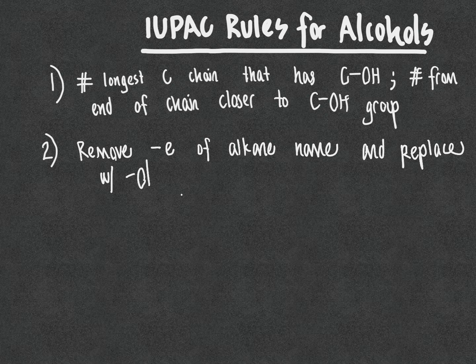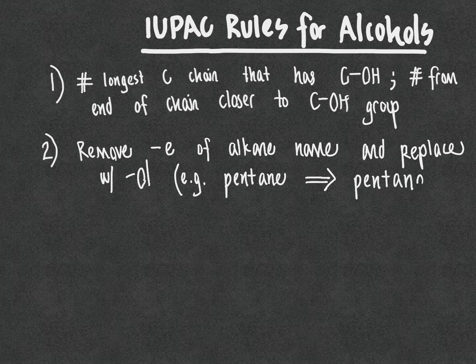For example, if we had a 5-carbon alkane, it would be named pentane. If we had a 5-carbon alcohol, it would be referred to as pentanol. So pentane, which would refer to an alkane, becomes, in the case of an alcohol group present somewhere in that 5-carbon chain, pentanol.